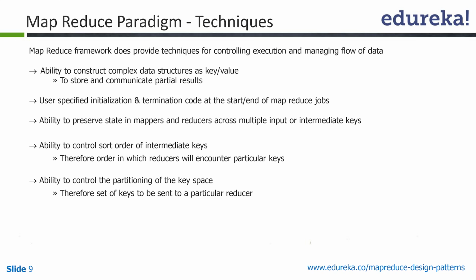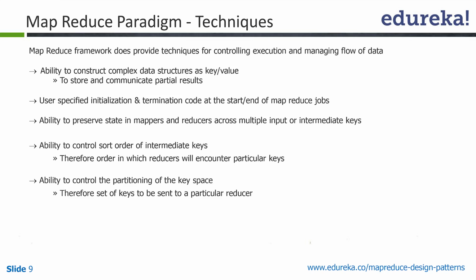Then you have user-specific initialization and termination code at the start and the end of MapReduce jobs. These are the start and the close methods which run before and after each of your map tasks. Ability to control the sort order of intermediate keys.